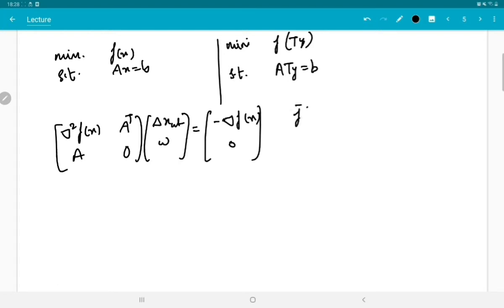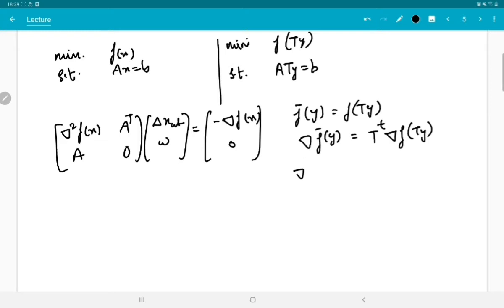We have f bar of y is f of Ty, del of f bar of y is equal to T transpose del of f of Ty, and del square f bar of y is equal to T transpose del square f of Ty T.